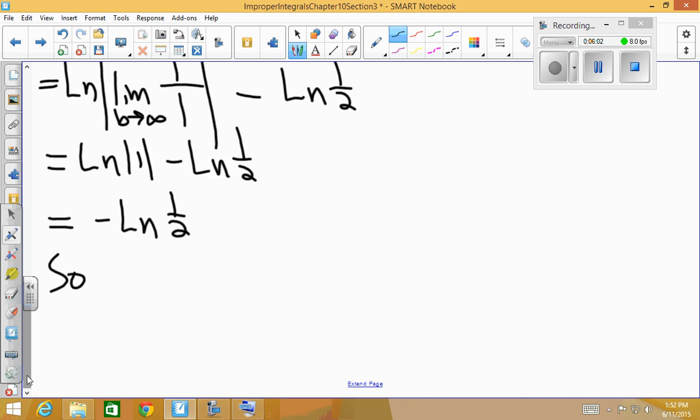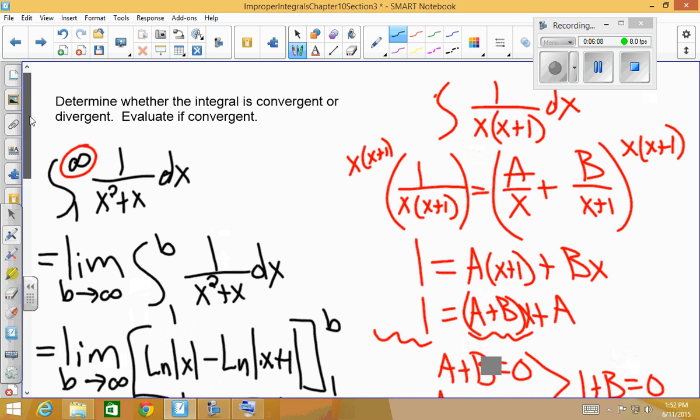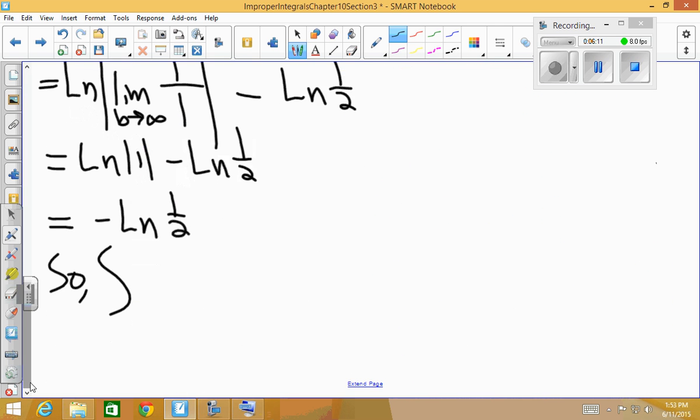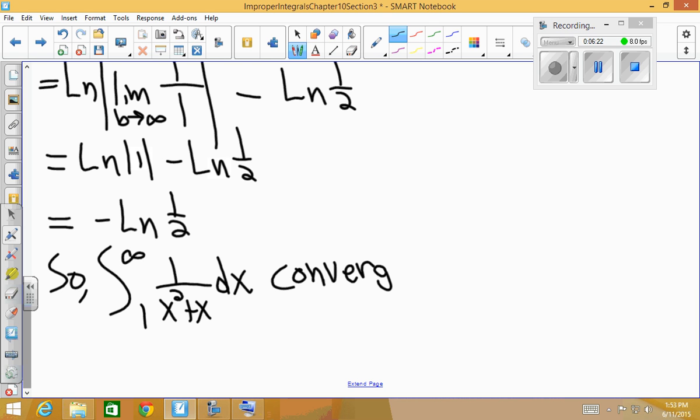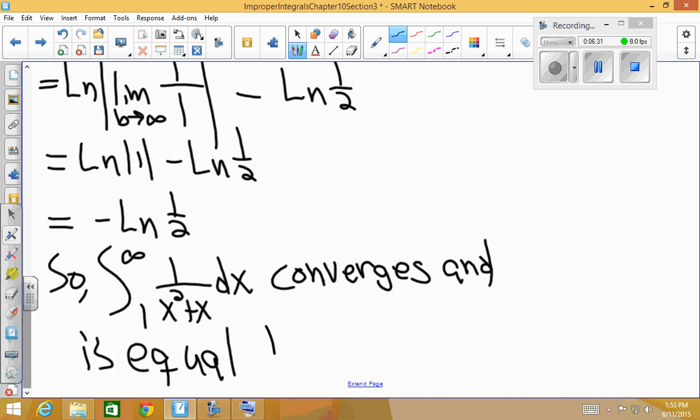So the integral from, what were our limits of integration? 1 to infinity, 1 over x squared plus x dx converges and is equal to negative natural log of 1/2.